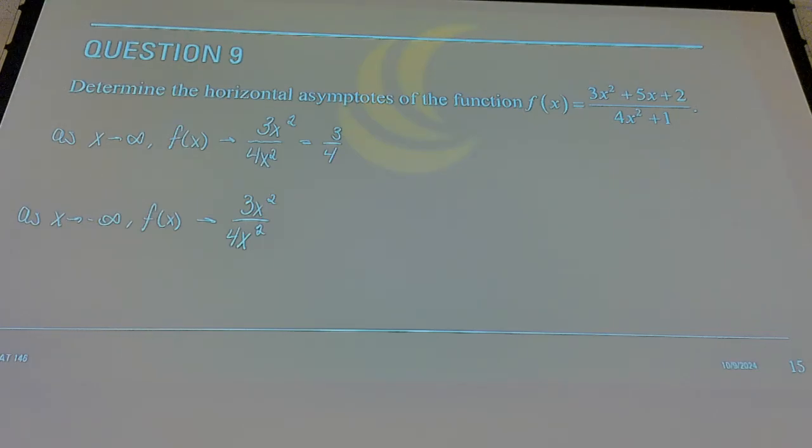So it still behaves as 3x squared over 4x squared, which is 3/4. So y equals 3/4 is our horizontal asymptote.